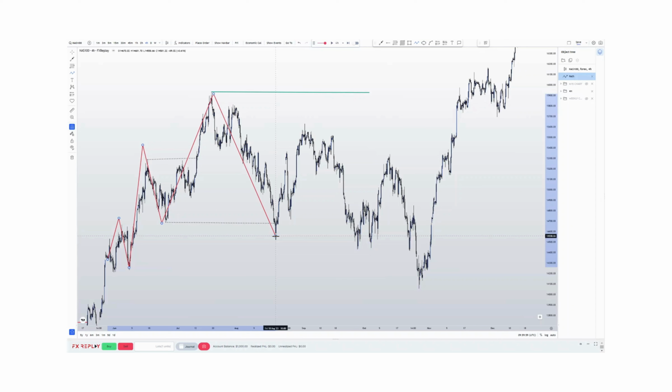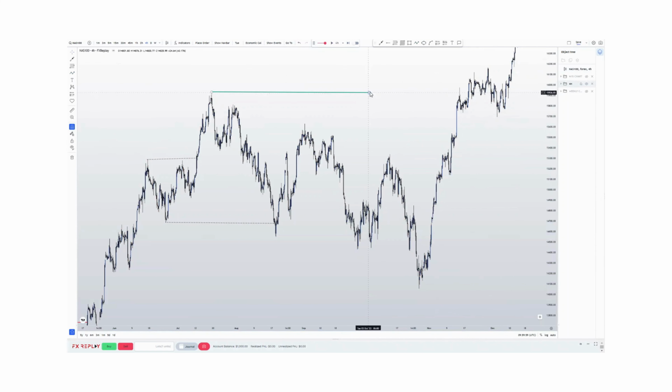Price signaled that it was pulling back. Then we had lower highs, lower lows, lower highs, lower lows, and then price finally shifted bullish again with this break over here, this point, to form a higher high, higher low, higher high, higher low, higher high.